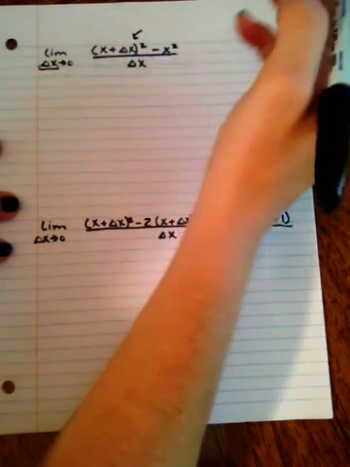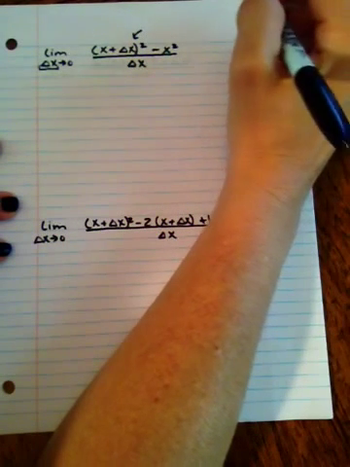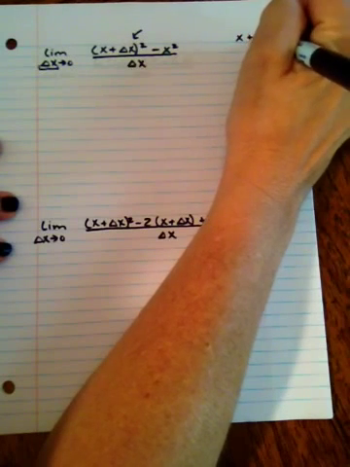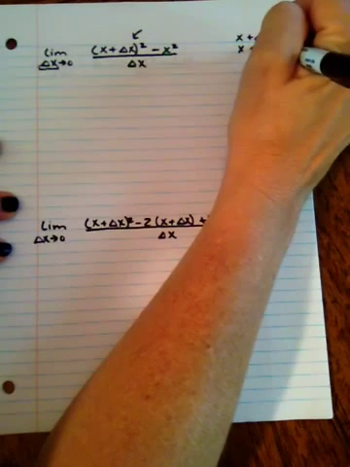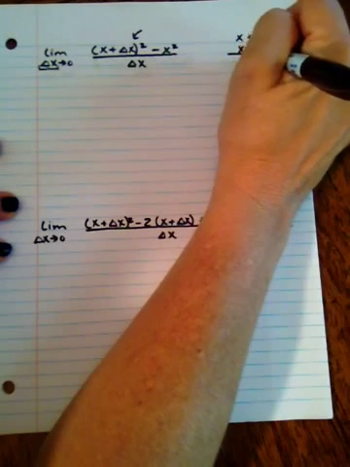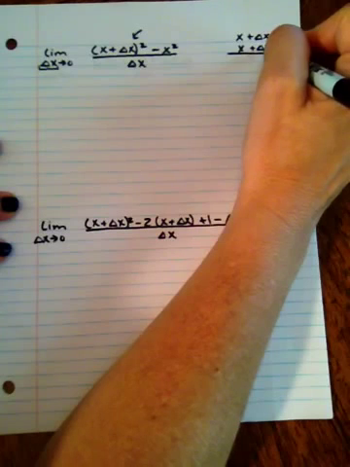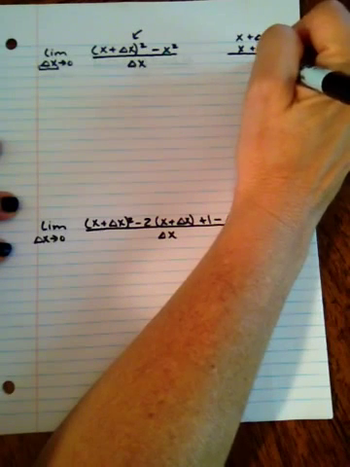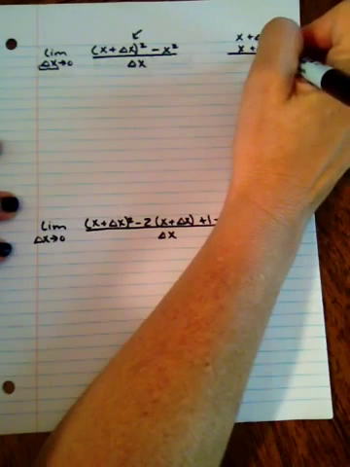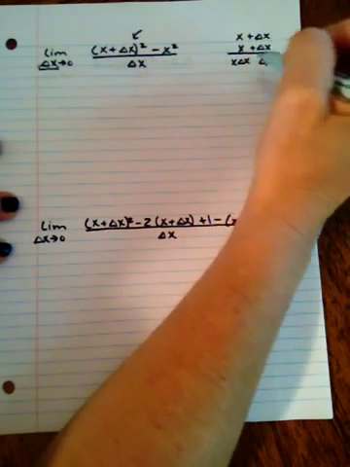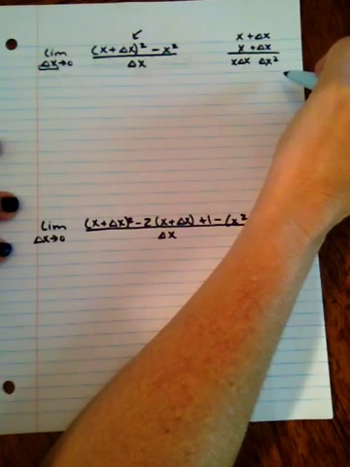They look pretty intimidating because of all the symbols, but they're just straight algebra, so I'm going to do this part first. I'm going to square x plus delta x, and you can do FOIL if you like, but I like to stack mine to multiply, like back when you're in elementary school. So it's x plus delta x times x plus delta x. So delta x times delta x is a delta x squared. Then I do delta x times x, and you write it as x delta x. If you do delta x, it gets a little confusing.